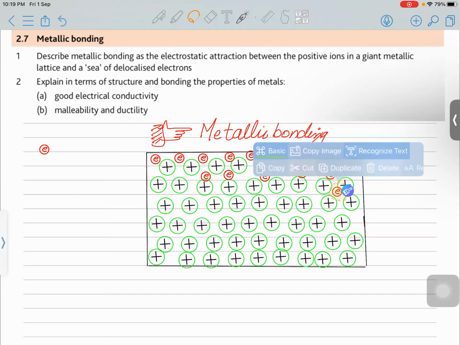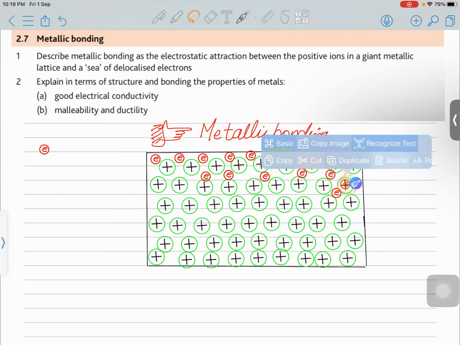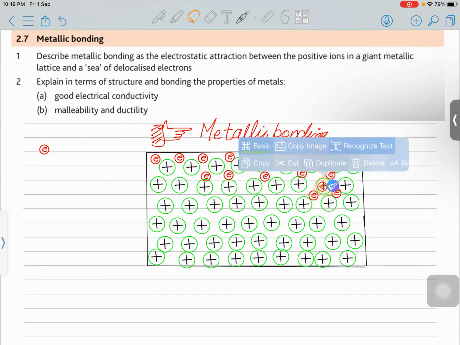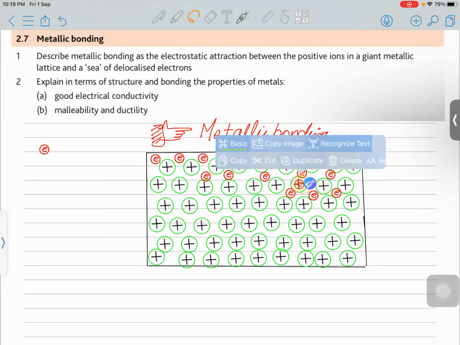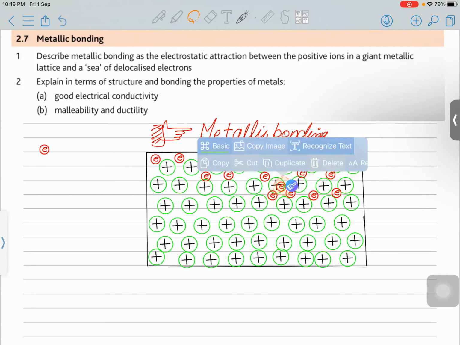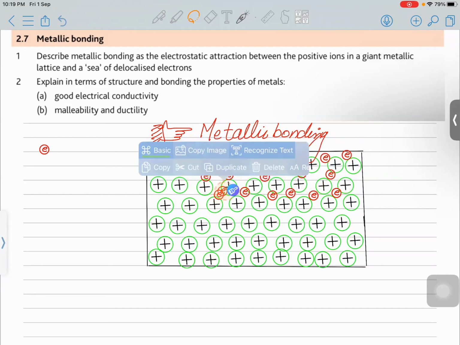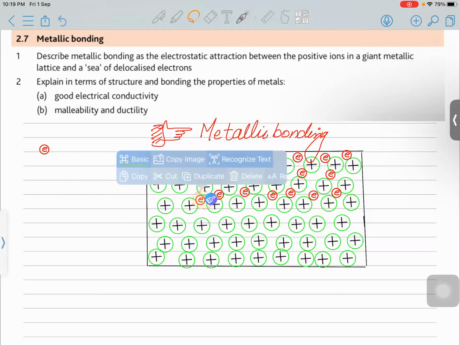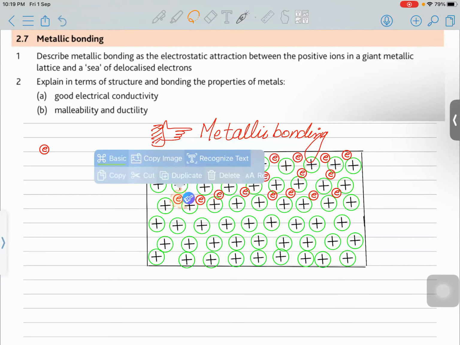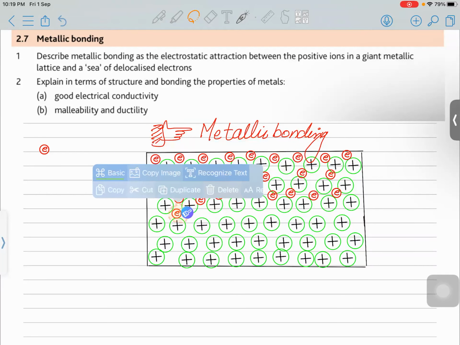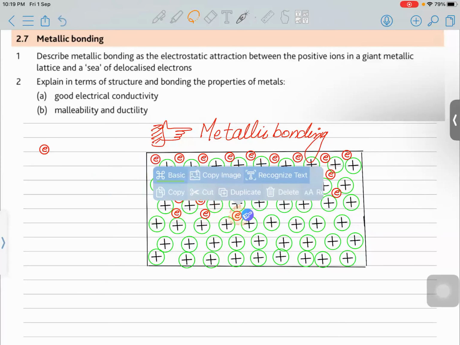These are known as delocalized electrons. For example, if you have sodium, 1 electron is removed. For calcium, 2 electrons are removed. So as the number of delocalized electrons increases, metallic bond strength increases.